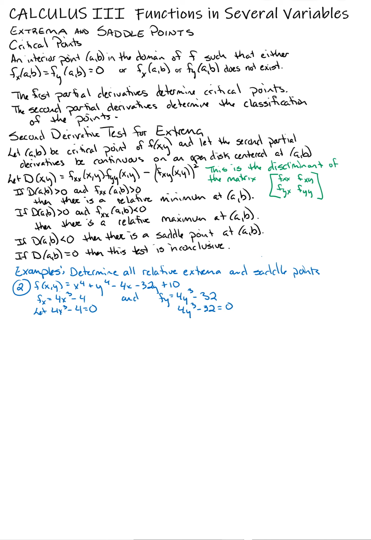If we solve those, x is equal to 1 for the first one, and y is equal to 2 for the second one. Thus, we get the point (1, 2) is our only critical point.